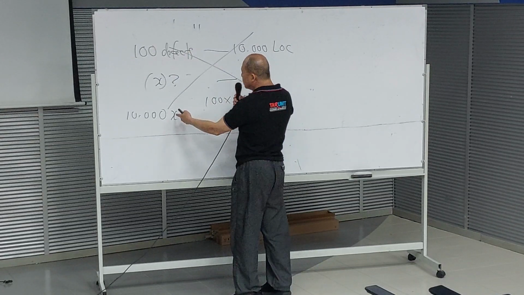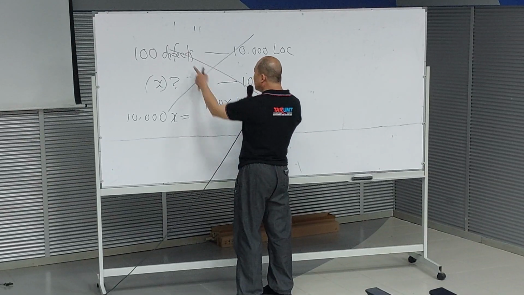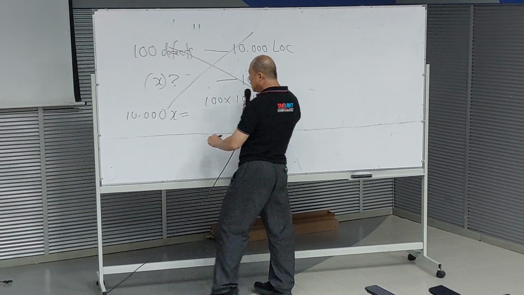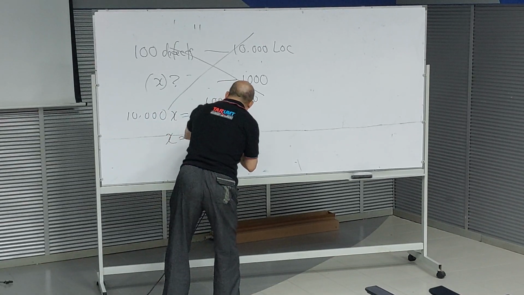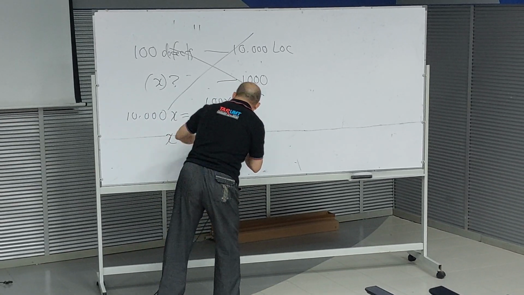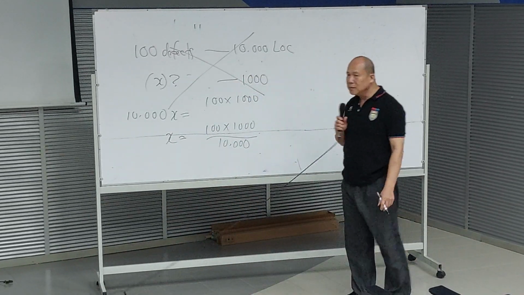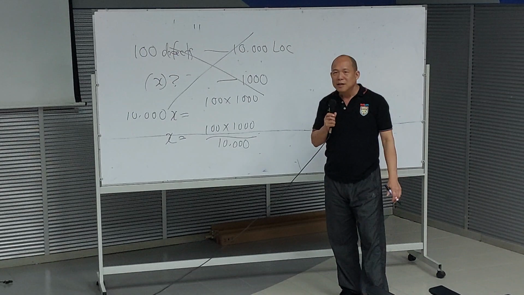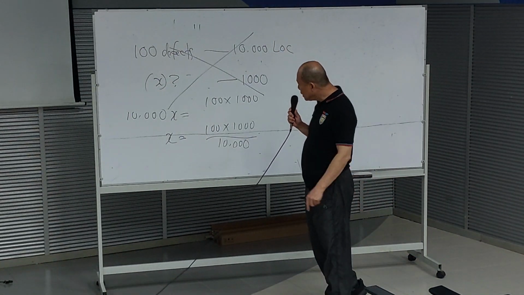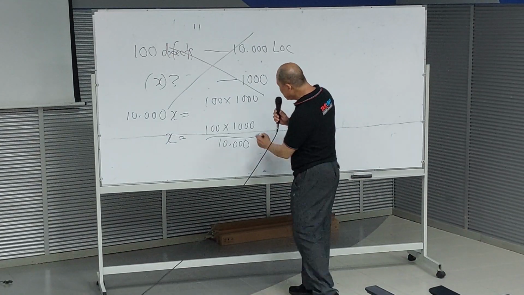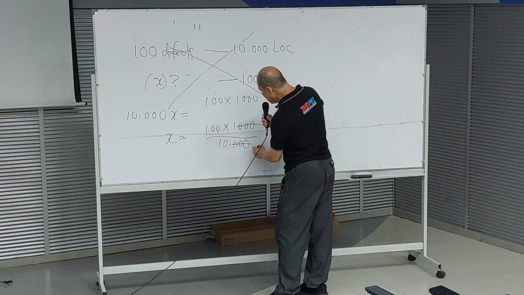So this means 10,000 x is equal to 100 multiply 1,000. So x is equal to 100 times 1,000 over 10,000. This is how my math teacher taught us.